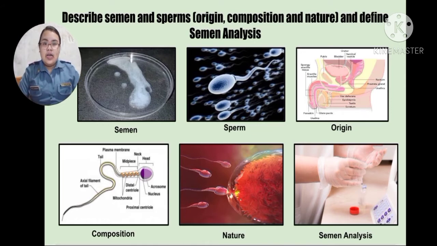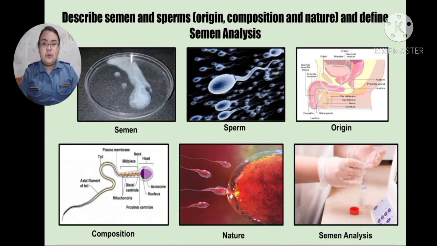Next, sa origin naman daw po tayo. Saan nga po ba nag-origin ang semen? Pinoproduce po siya during puberty. Yung process na nagre-result para i-discharge or ilabas yung semen or yung sperm is tinatawag daw po nating ejaculation.